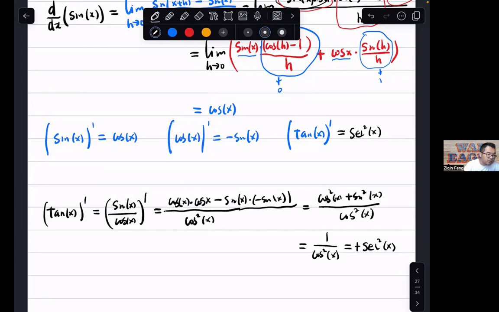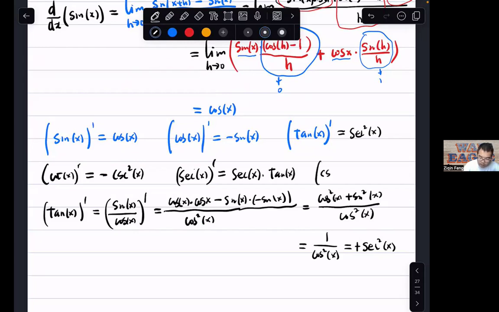And if you write down more, cotangent of x prime is negative cosecant squared of x, and secant of x prime is secant of x times tangent of x, and cosecant of x prime is negative cosecant of x times cotangent of x.